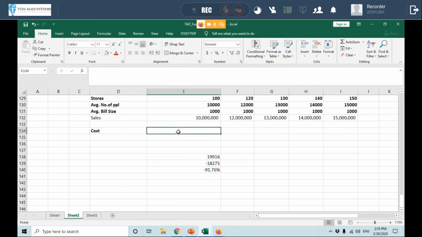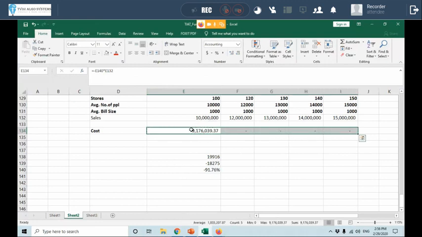I assume this will be my cost for the next 5 years, assuming the same. If I have better information, then I will do this costing year by year, line by line item. But I am assuming right now. This into sales, so this will be my cost.